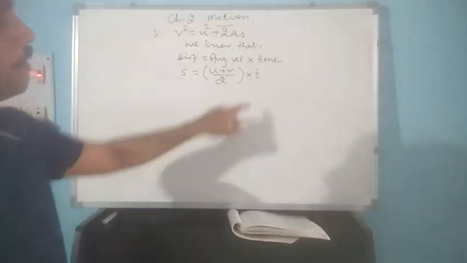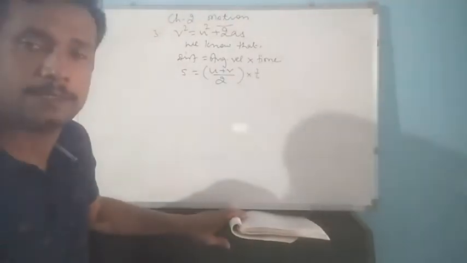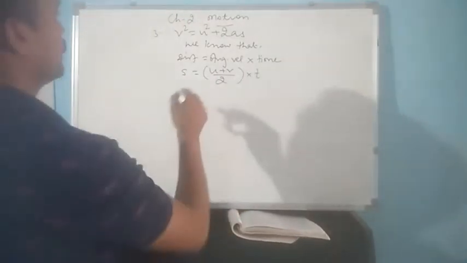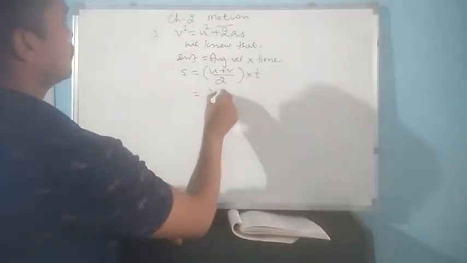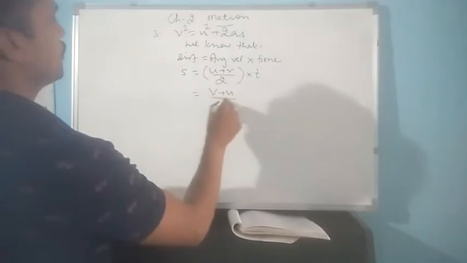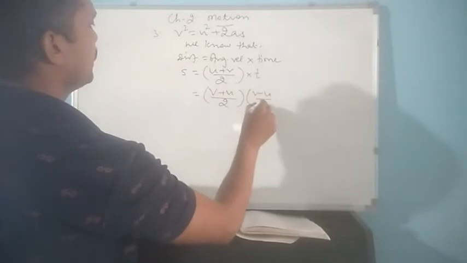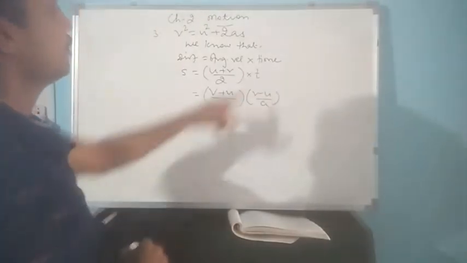Now this time we will be writing the value of t, which is v minus u by a. So this can be written as v plus u by 2 and then v minus u divided by a. This is the value of t.